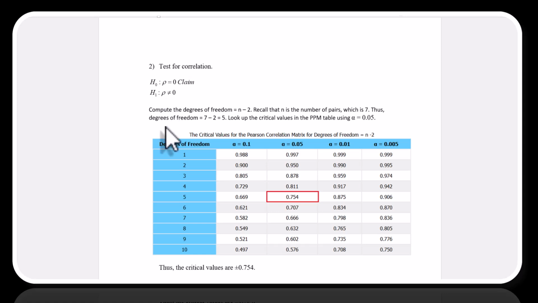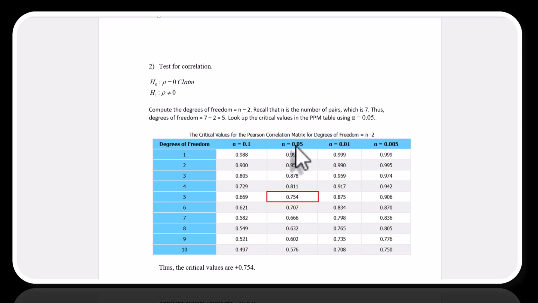To perform the test accurately, we need to find the critical values. To do this, we compute degrees of freedom, n minus 2. N is the number of pairs. We originally have 7 pairs, thus 7 minus 2 is 5. We look up the critical values in our Pearson correlation matrix.